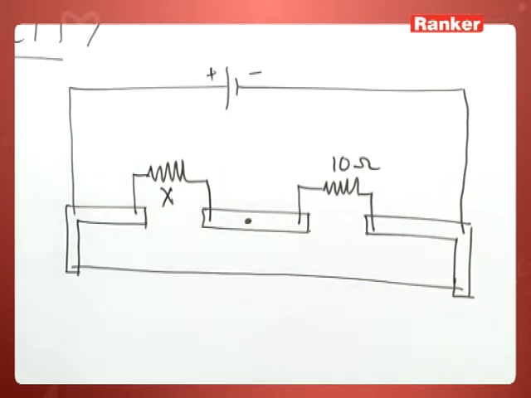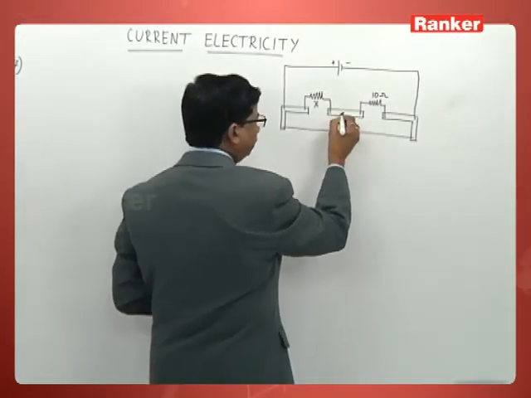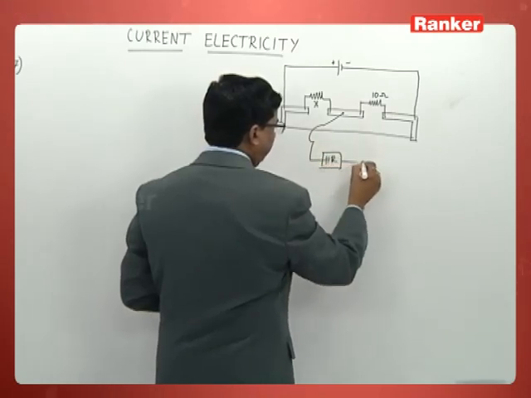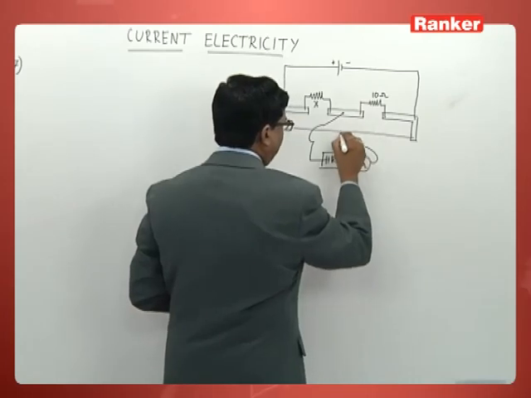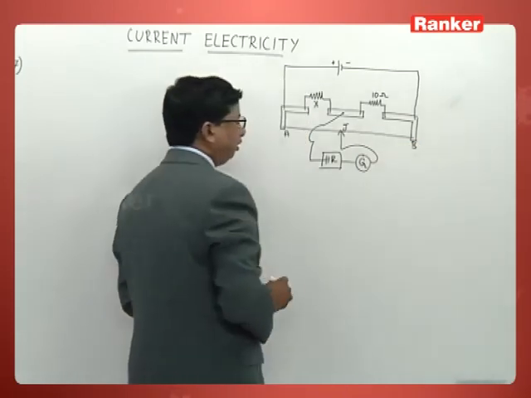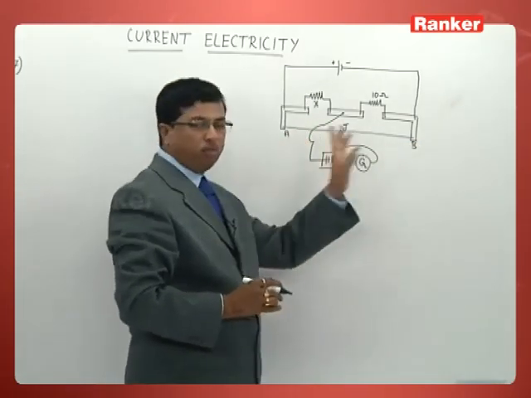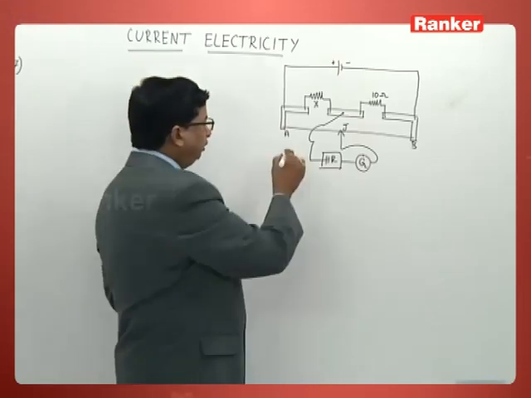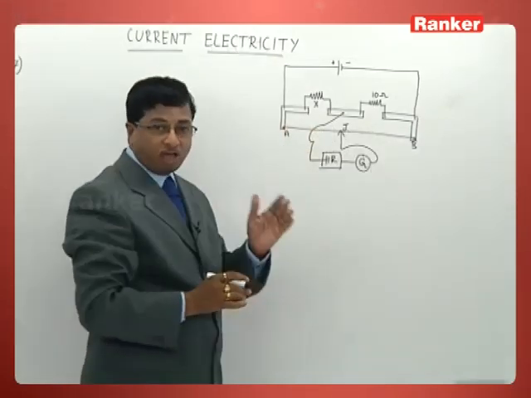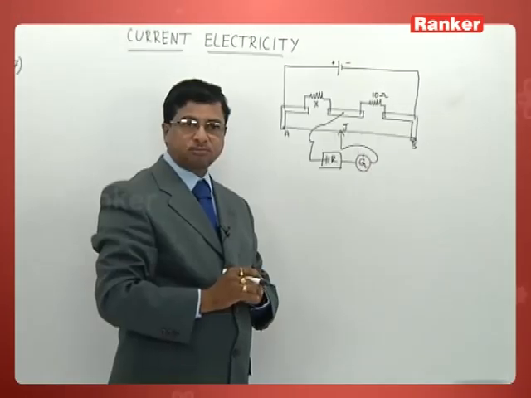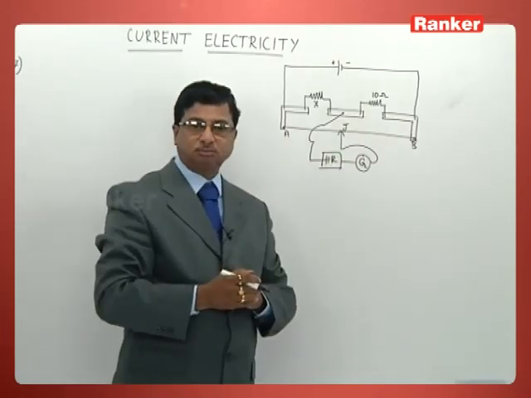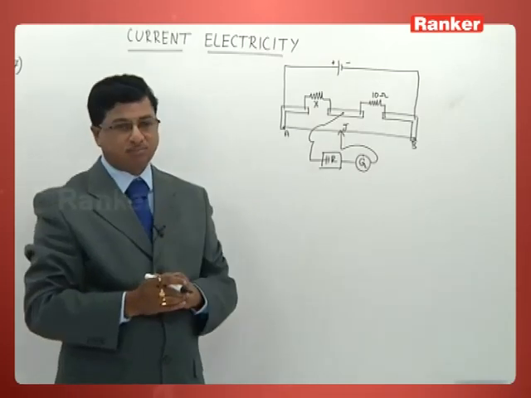And between these two, of course, he has given a high resistance like a galvanometer, and there is a jockey which is taken to tap the wire from A to B. This is the point A and this one is the point B. That means in the left gap you have X. In the right gap you have 10 ohm. That is what has been given.